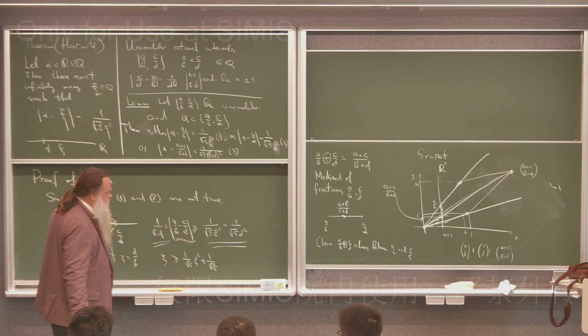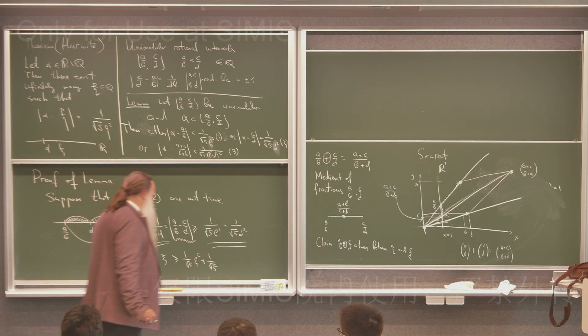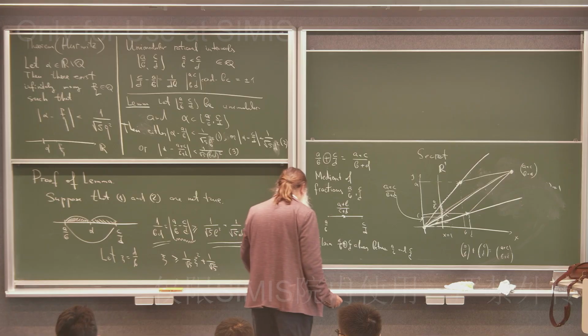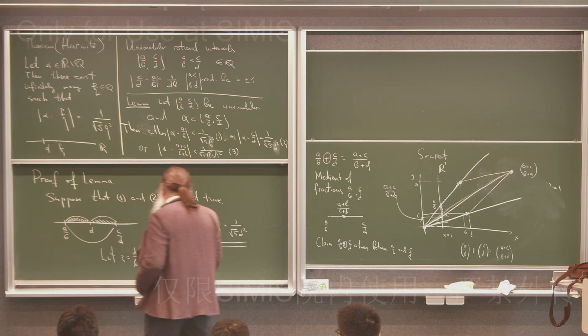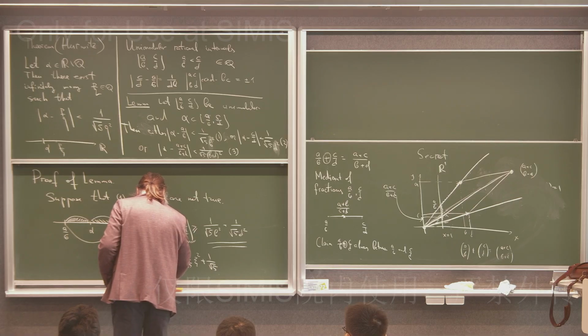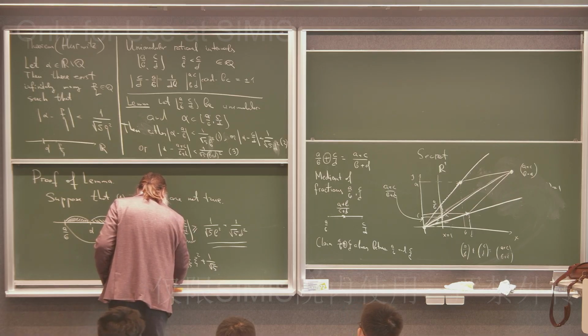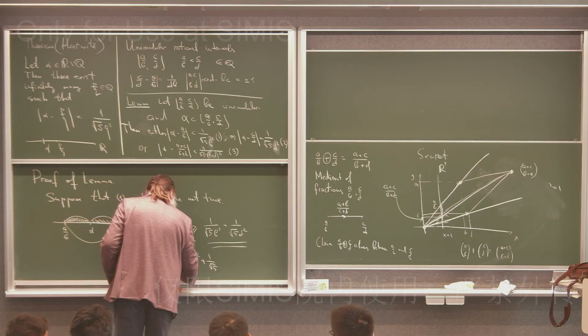This is a quadratic inequality, which can be rewritten as, how can we rewrite this inequality? It is better to write 0 is less than psi squared minus square root of 5 psi plus 1.